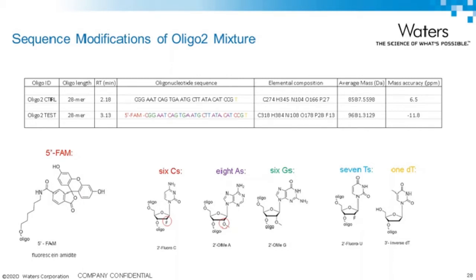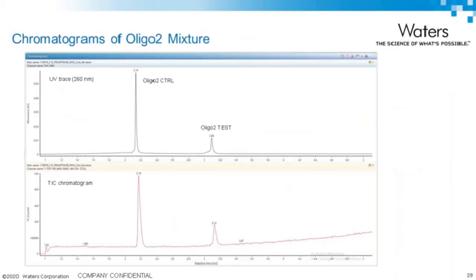When we look at all the modifications that we have for the 28-mer, we achieve a molecular weight increase of around 1400. This 2-component mixture can be easily resolved on the OST C18 column, and the chromatograms are shown here. The first eluter is the unmodified oligo 2 control, followed by the oligo 2 test, the heavily modified oligonucleotide.